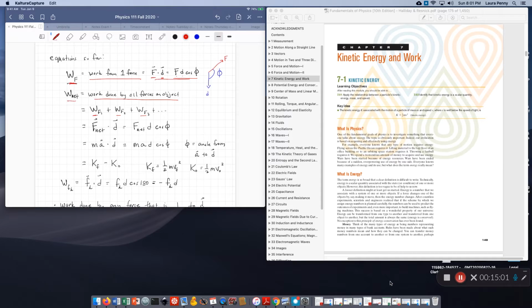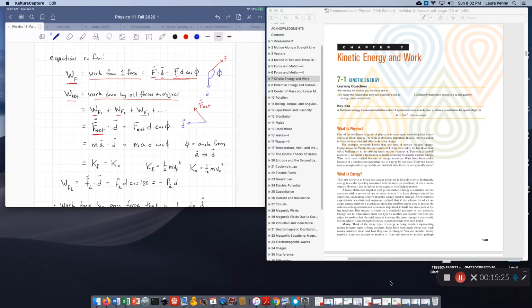It also has to be equal to, if you actually knew the net force, say you know that the net force on an object is this, not the individual, but the actual net force. But then the displacement on the object is this.